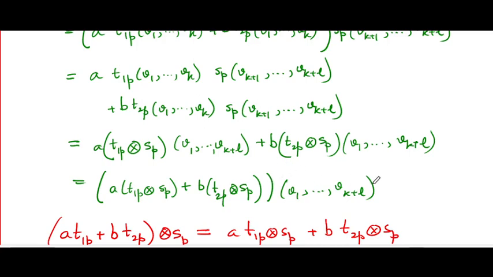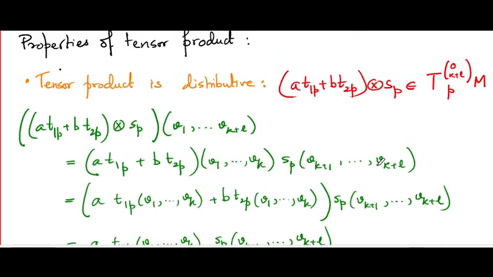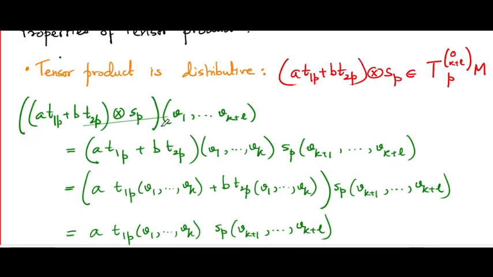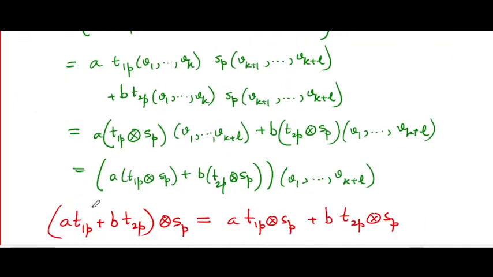Now these arguments can be any bunch of k plus l vectors you want. And since it works for any k plus l vectors, it means that the two tensors that you have here, this one and this one, must be one and the same. In other words, AT1 plus BT2 tensor product with S is AT1 tensor product S plus BT2 tensor product S.